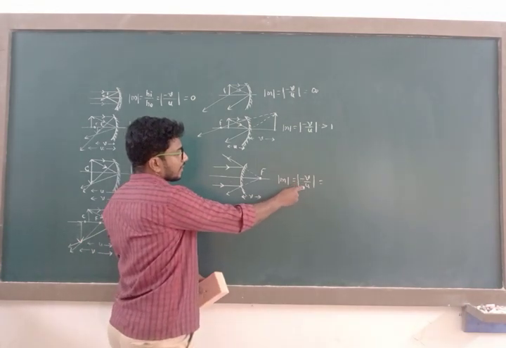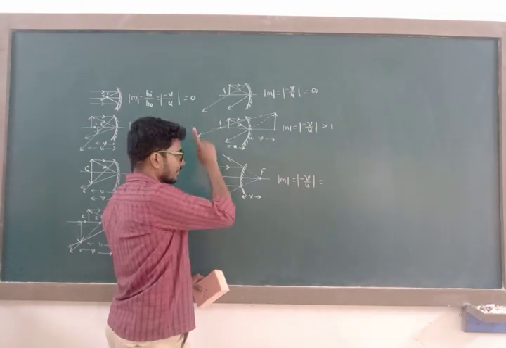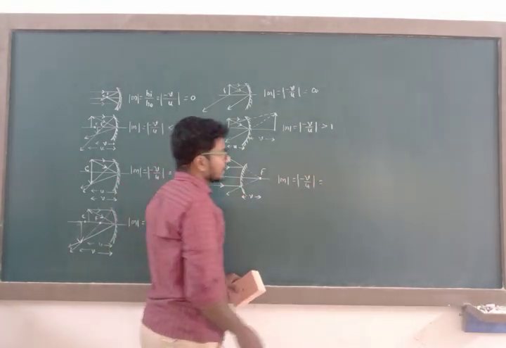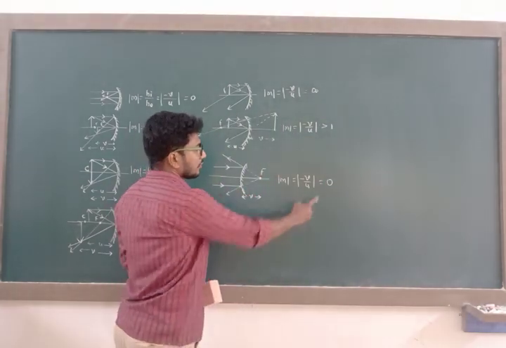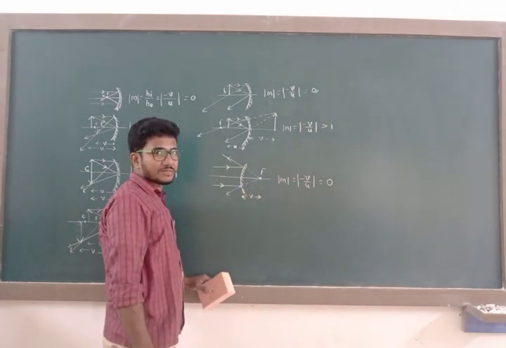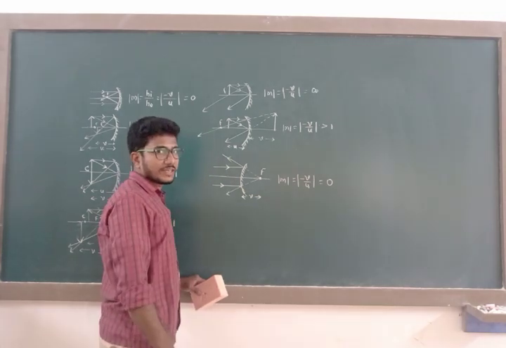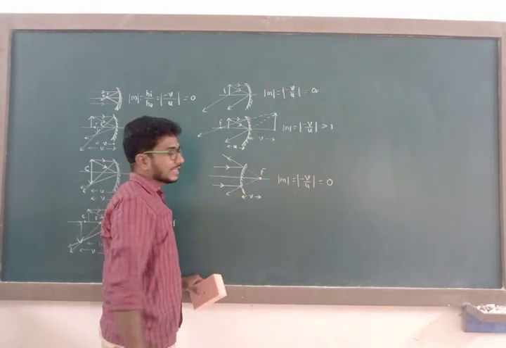And here object distance is infinity, because object lies at infinite distance. Therefore anything divided by infinity, again this is equal to 0. This 0 represents size of the image is greatly diminished, and the ratio in terms of positive sign represents this image is virtual and erect.